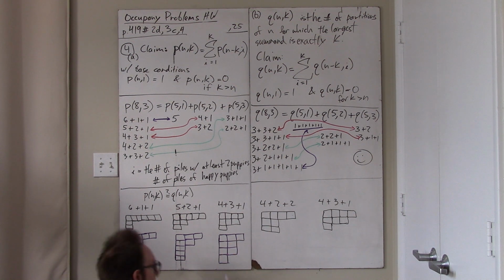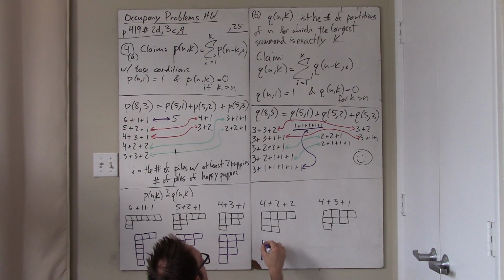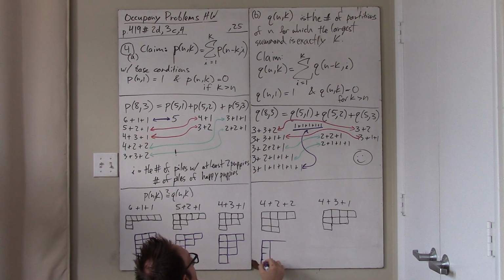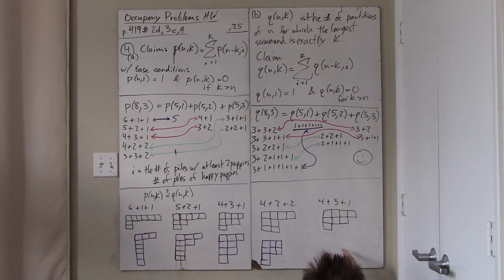And then over here it's like 4, and then it's like this, and then like this. 4, 2, 2, and then like a 3, and then a 1.